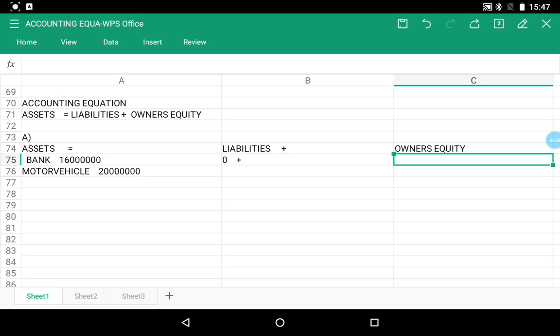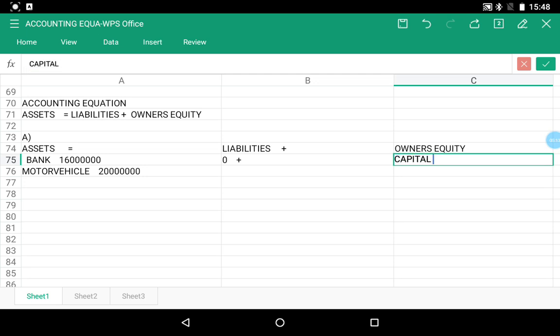Here we need to see which capital they started with, because in our first video about the accounting equation, everything shows how you can come up with it. So under here we have our capital.